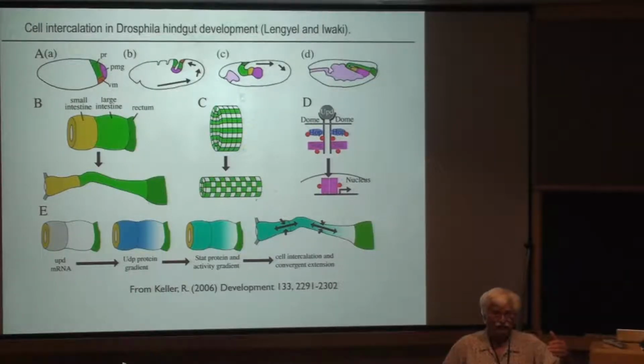In Drosophila germ band extension, it's stripes of runt, even-skipped, and Krüppel. In a frog, it's probably a Wnt or a nodal or a combination of them that runs anterior-posterior. But the PCP pathway, the planar cell polarity pathway, is used in some systems and not others.